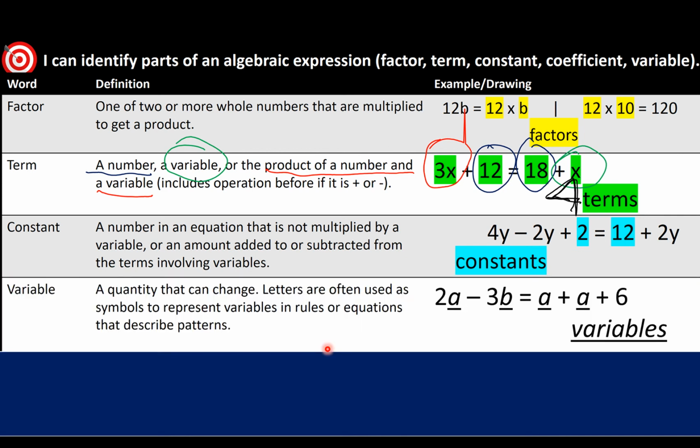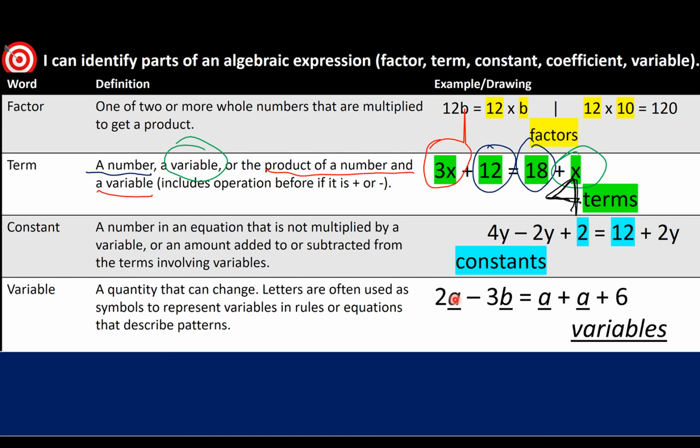All right, variable, a word we've used a lot and haven't quite defined yet, so I'm sorry for that. A quantity that can change. Letters are often used as symbols to represent variables in rules or equations that describe patterns. So if we look over here, we have 2a minus 3b equals a plus 6. One thing that's important to note about variables is if you have the same letter or the same variable, it represents the same value.